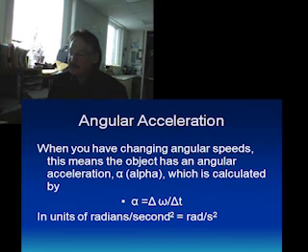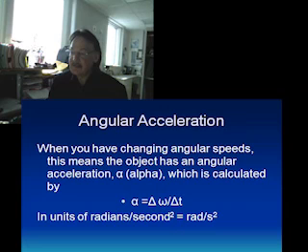If we replace v with omega, we've converted our rate of change of linear speed to a rate of change of angular speed, and therefore we have the angular acceleration. Alpha, angular acceleration, is in radians, again a measure of the angle, per second squared, because accelerations are always per second, which is seconds squared.